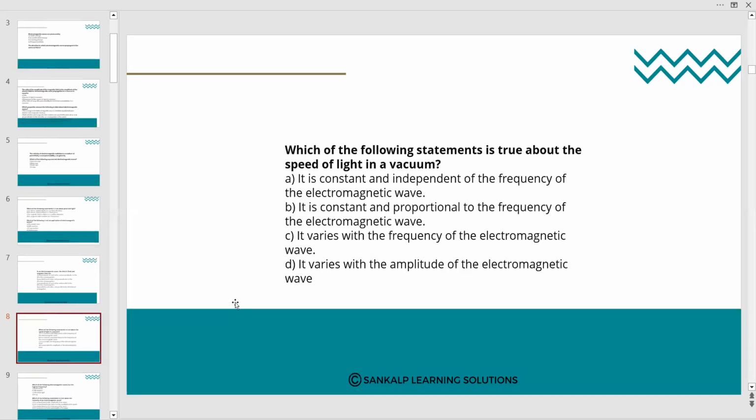Then the next question. Which of the following statements is true about the speed of light in a vacuum? Option A, it is constant and independent of the frequency of the electromagnetic wave. Option B, it is constant and proportional to the frequency of the electromagnetic wave. Option C, it varies with the frequency of the electromagnetic wave. Option D, it varies with the amplitude of the electromagnetic wave.